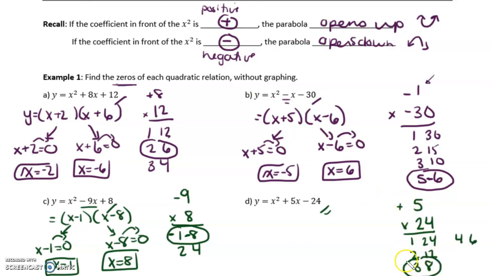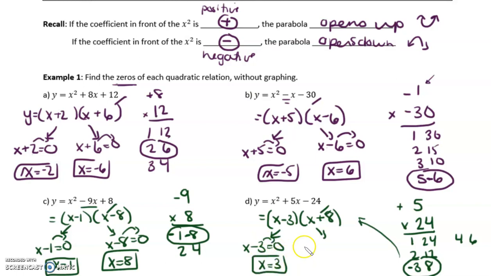We know that 5 is a positive number, so we're going to do 8 minus 3, because 8 minus 3 is positive 5. And we're going to put these two numbers directly in the brackets. So x minus 3 equals 0. Bring over that negative 3, we get x equals 3. And then x plus 8 equals 0. Bring over that 8, x equals negative 8.